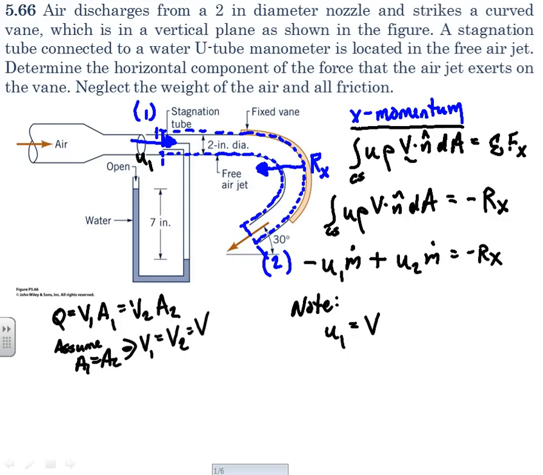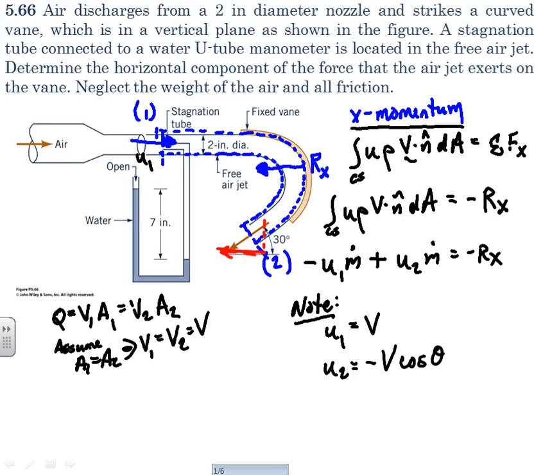Okay? So back to our notes here. U1 is equal to V, and then U2 is just equal to minus V cosine of theta. So I have this velocity vector, and I only want the horizontal component, so I just want this guy.